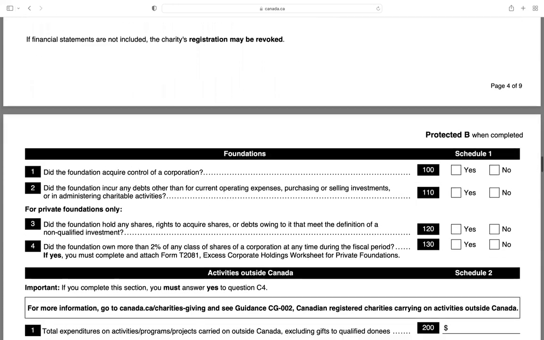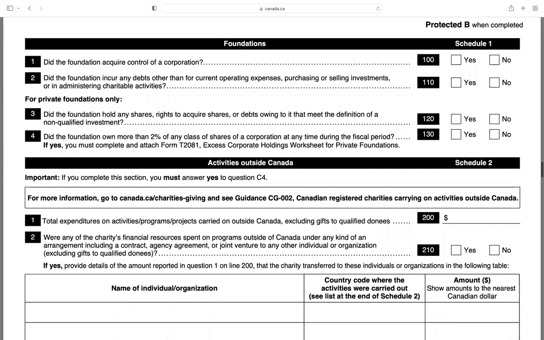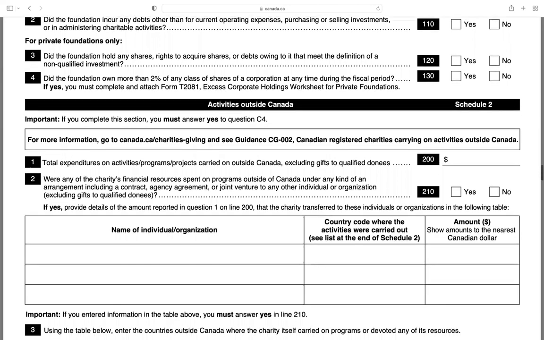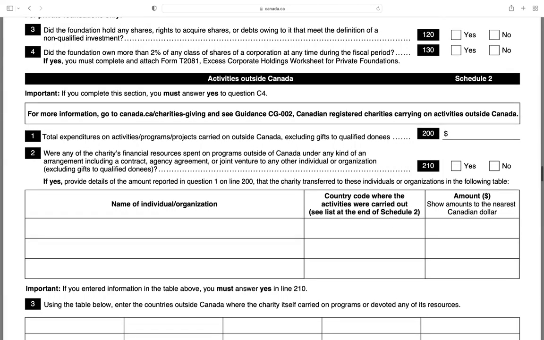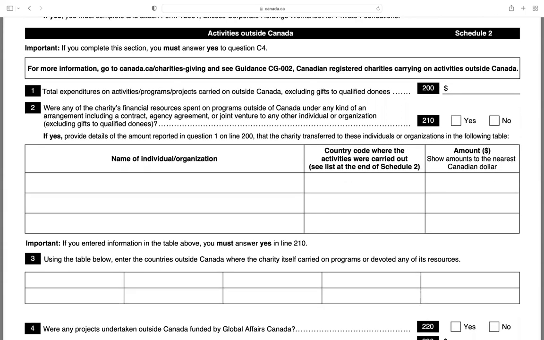And also, did the foundation acquire control of a corporation, or did the foundation incur any debts other than for current operating expenses? If there is activity outside Canada, you have to complete section C4.